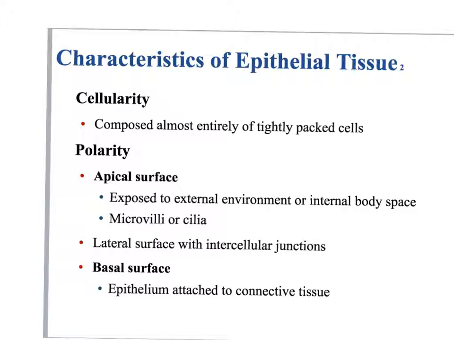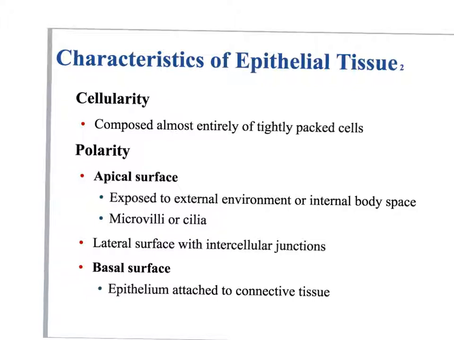One end of the tissue, which can be one layer of cells or multiple layers of cells, is attached to something, and the other end of that tissue is free or open to something. It's not attached to something.